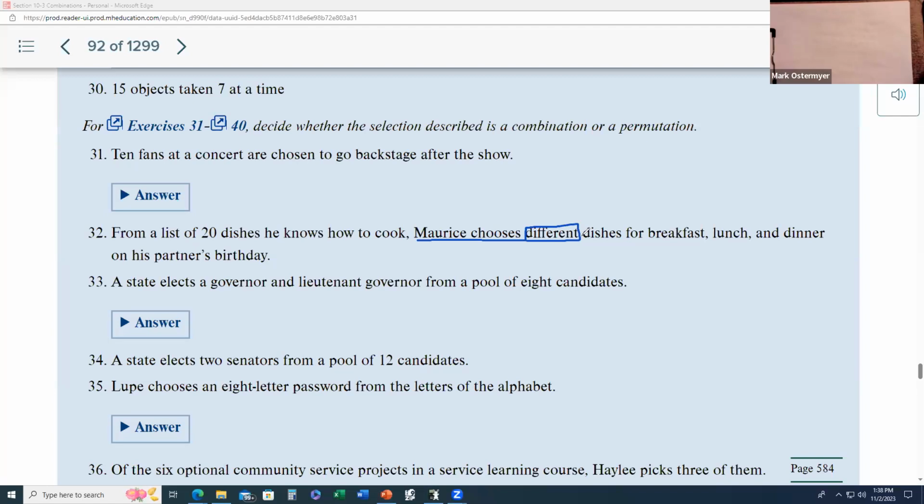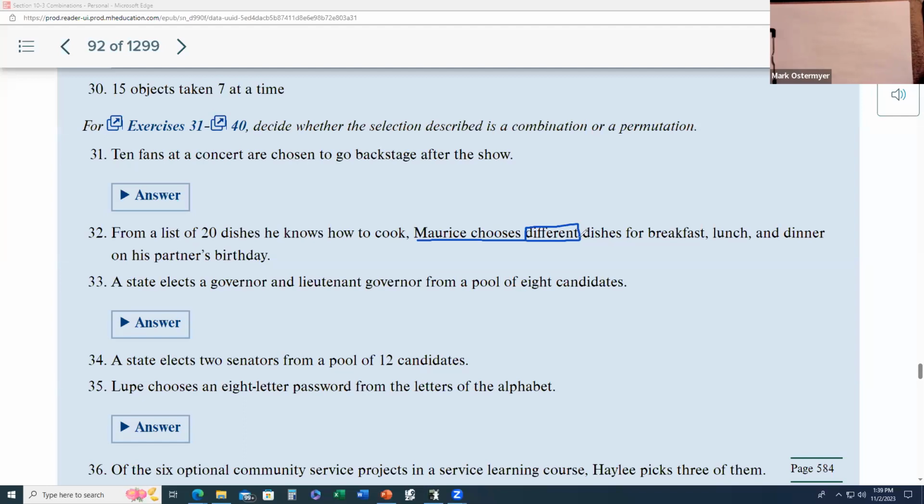In other words, if you choose dish A for breakfast, dish B for lunch, and dish C for dinner, do you agree that'd be different than if you choose dish C for breakfast, dish A for lunch, and dish B for dinner? That'd be different, wouldn't it? I think it would be different, correct? Yeah, because I got the word different, Maurice chooses different dishes. I would be thinking it's probably leaning towards a permutation where order kind of matters.